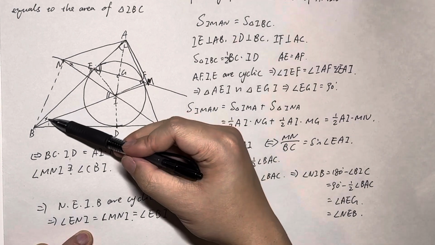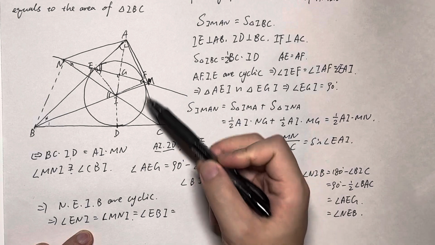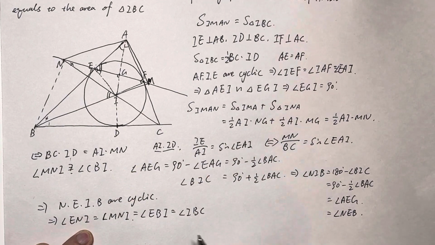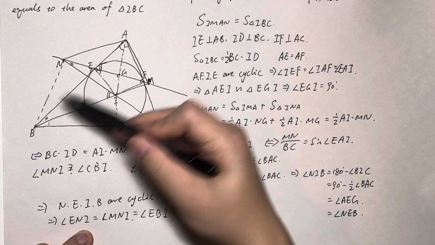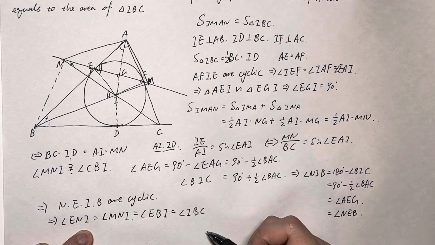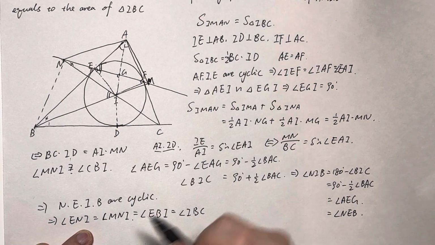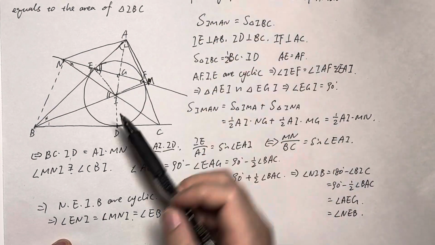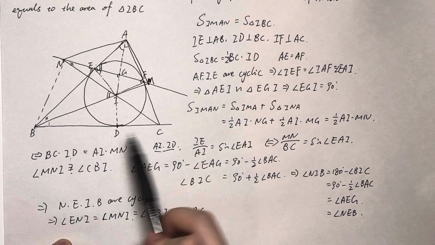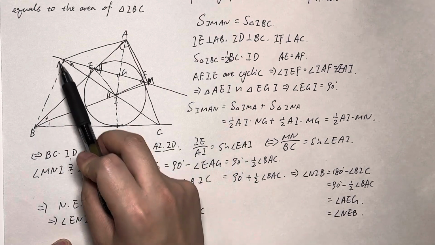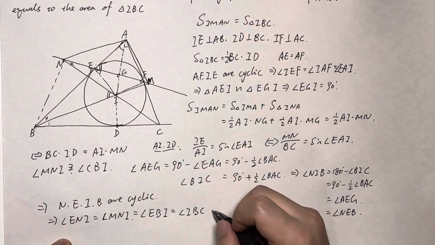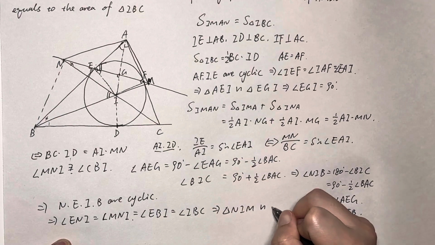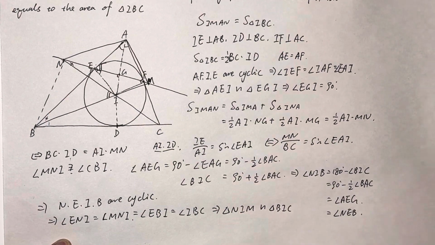Which is equal to angle IBC, right? That's half of angle ABC. Okay, now we know that angle MNI equals angle IBC, and angle BIC equals angle NIM. So we know that triangle NIM is similar to triangle BIC.